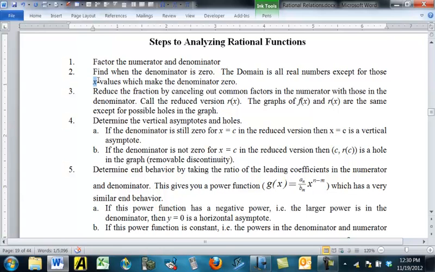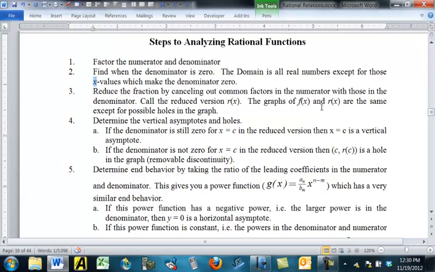Find when the denominator is 0. The domain is all real numbers except for those x values which make the denominator 0. Now, reduce the fraction by canceling out the common factors in the numerator and the denominator, called the reduced version r of x. The graphs of f of x and r of x are exactly the same except for possible holes in the graph.